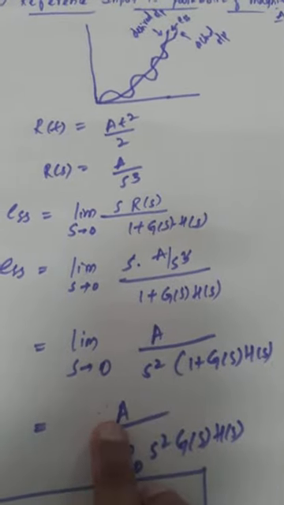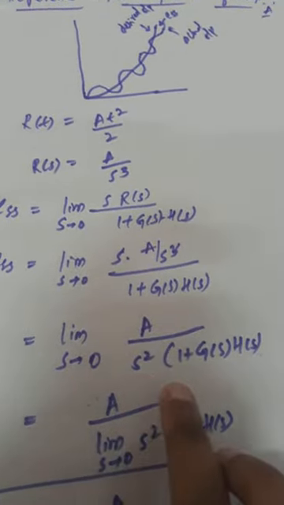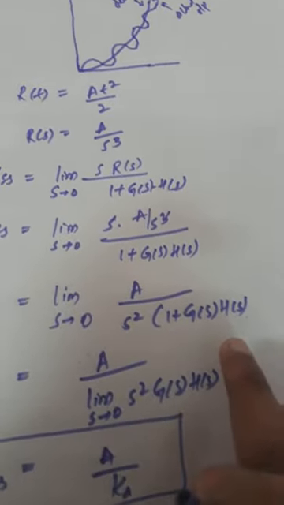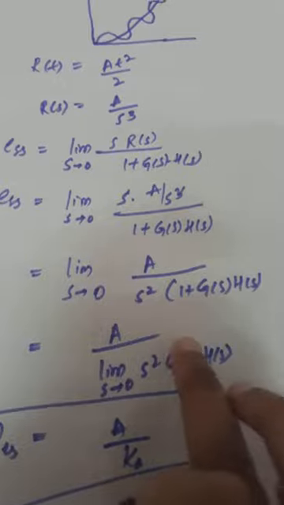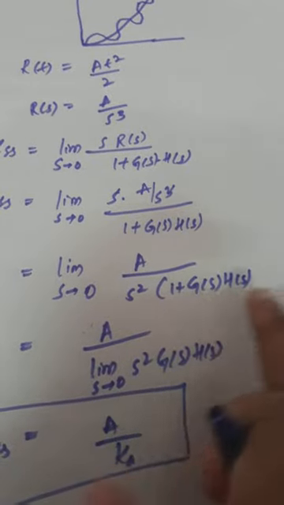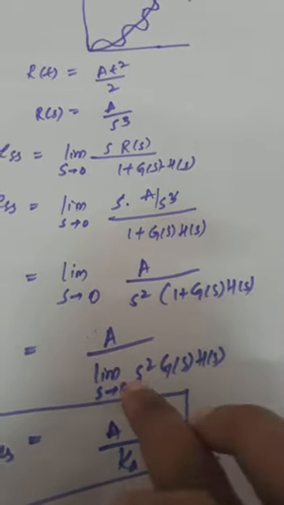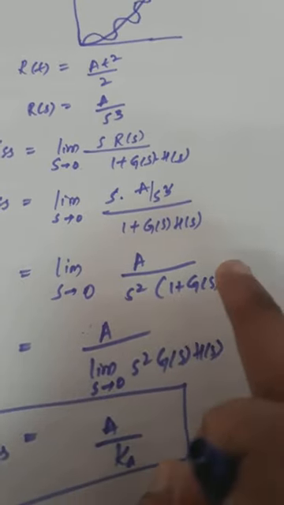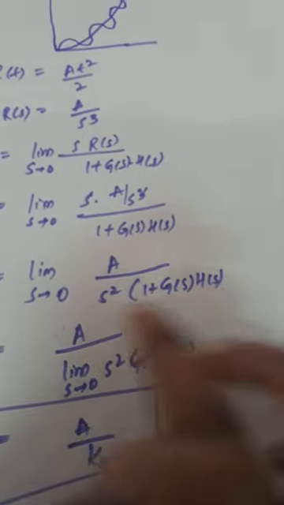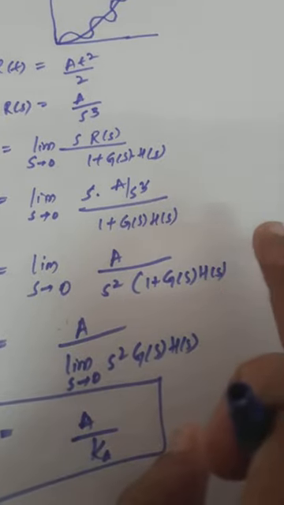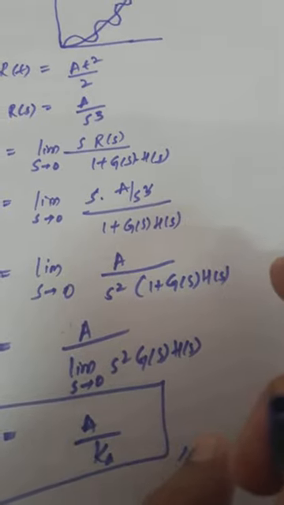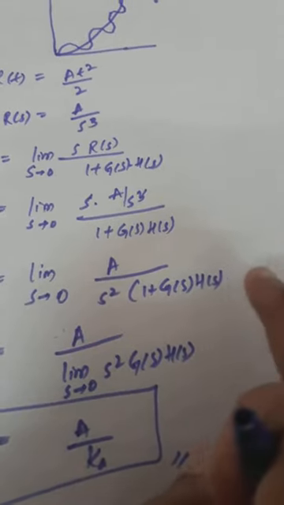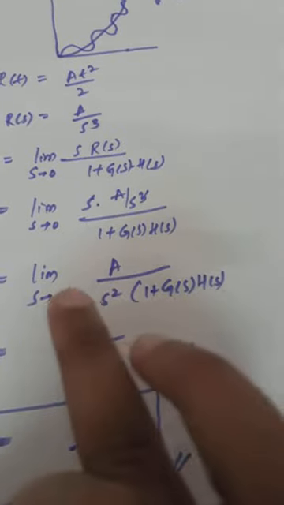In the next step, limit S tends to 0 of A divided by S square into the bracket 1 plus G of S into H of S. You can also open the bracket to make it easier: this is equal to limit S tends to 0 of A divided by S square plus S square into G of S into H of S. The first S square term tends to 0 because S tends to 0.